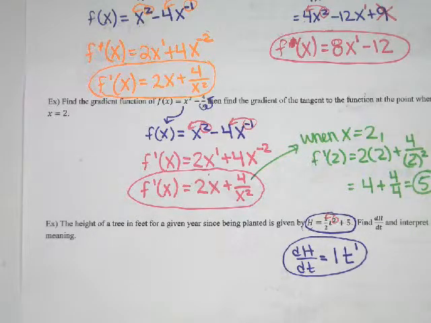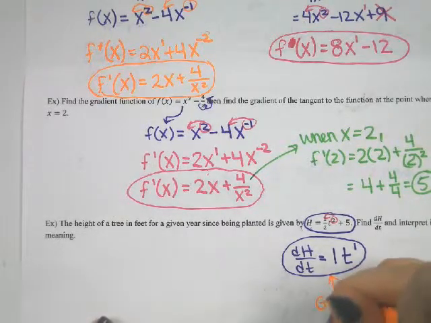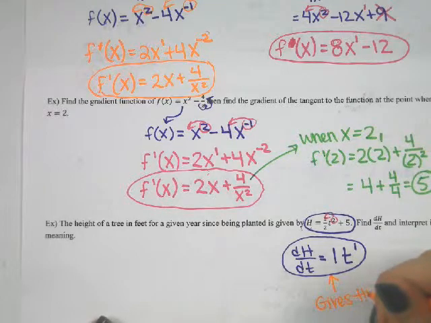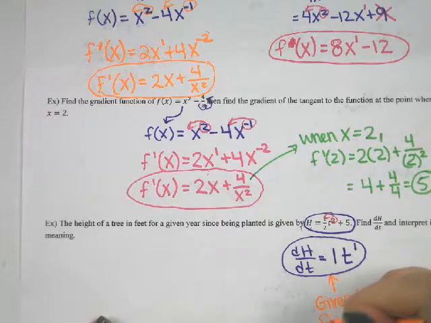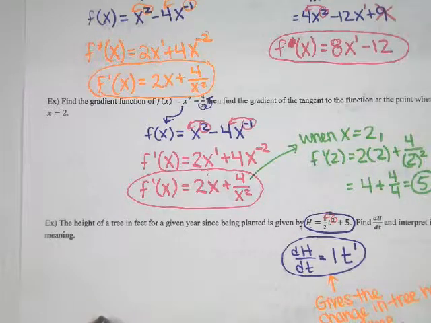Interpret its meaning. Okay. So remember, this is the gradient function. This is a description of rate of change. So we're looking at the change in height over the change in time. So this function gives the change in tree height over time.